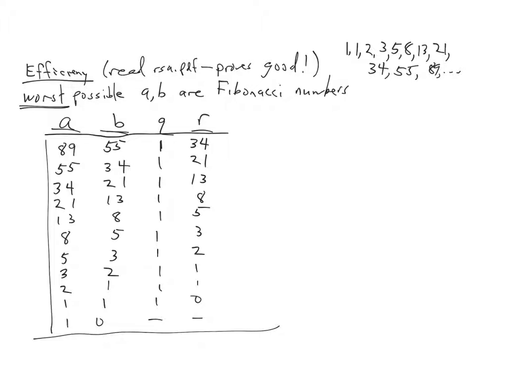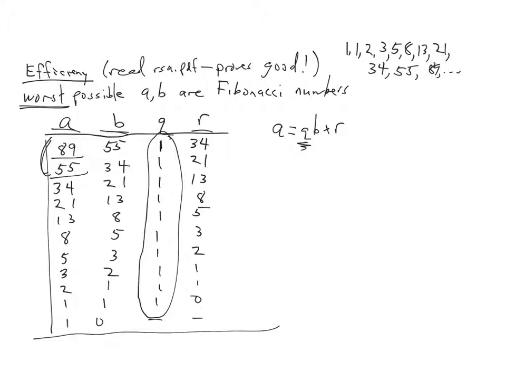So in fact, it turns out these are the worst guys. The size of these numbers, that's the most steps you can do. And you can see why in some sense. It's because Q is the guy that really, when you have a bigger Q, you really drop down the numbers quickly. So if Q is 1, it just crawls its way down. But even these cases don't take too long.